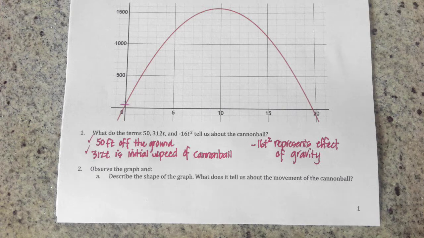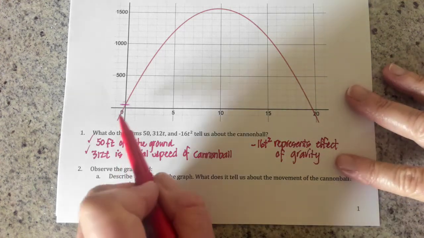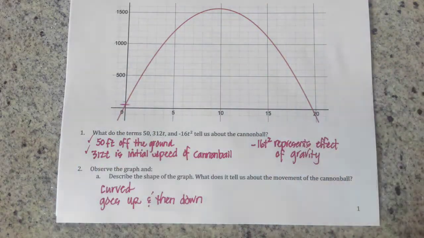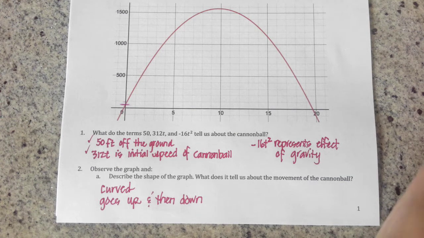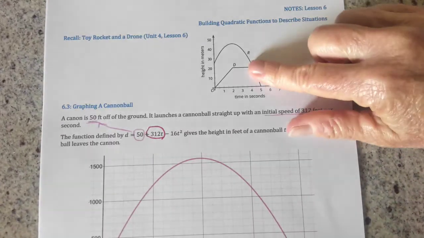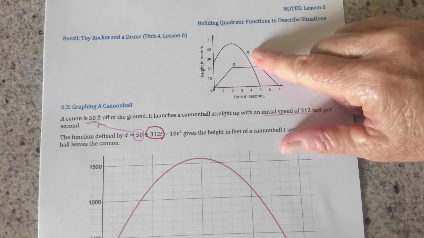Moving on, question 2 asks us to observe the graph and describe the shape of it. What does it tell us about the movement of the cannonball? I wrote that it's curved, definitely, and it goes up and then it goes down. Remember from our toy drone, or rocket, we talked about things increasing and decreasing.